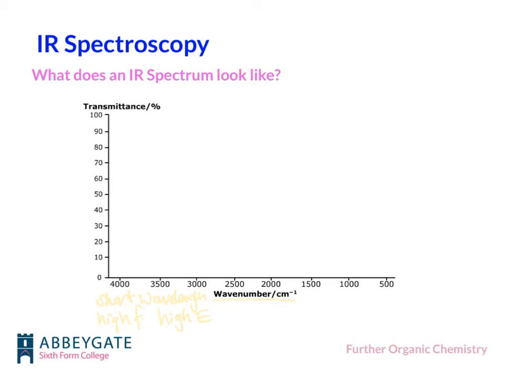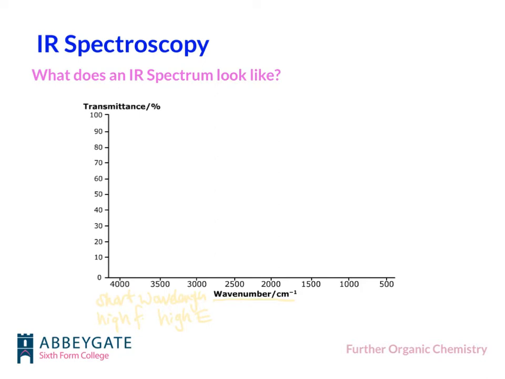Now, the way the spectrometer works is the infrared radiation is passed through the sample, and the sample absorbs some of it, anything that's the correct frequency, and then the infrared gets picked up by the detector at the other side.